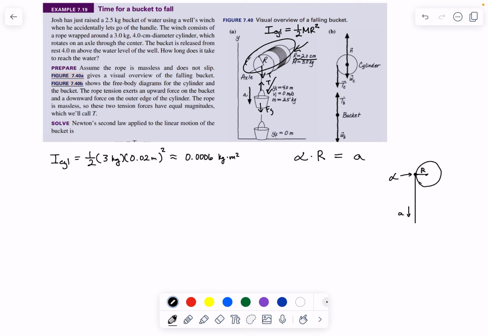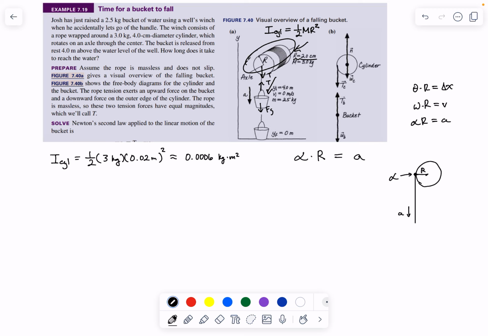We learned not too long ago that omega times R equals v, theta times R equals displacement or change in x, and alpha times R gives you a. So this is a case where that applies.